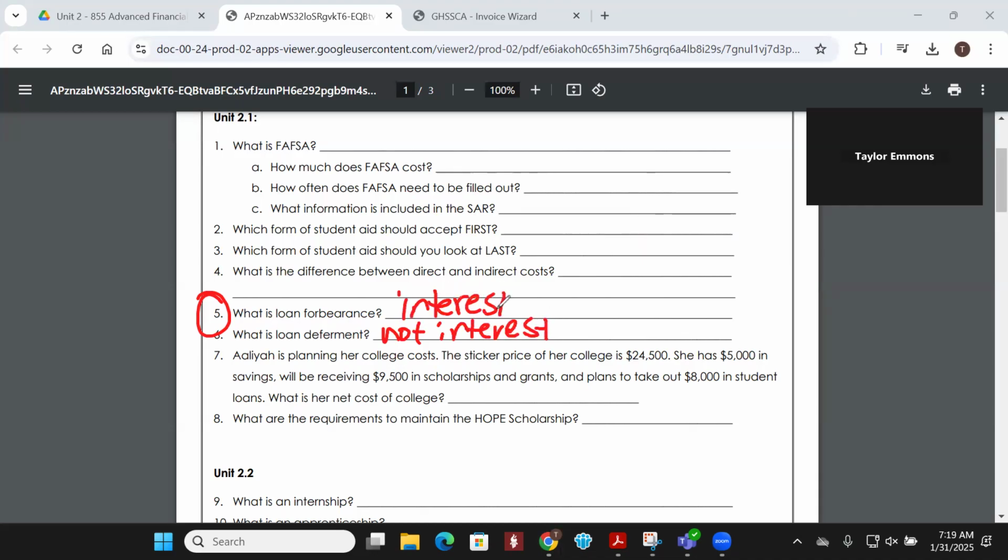But for both of them, you're not making payments. This is assuming that you have graduated.